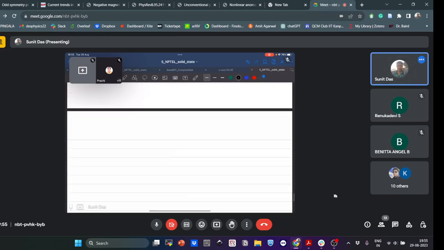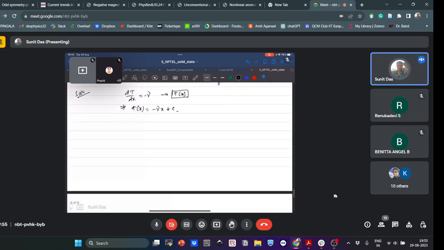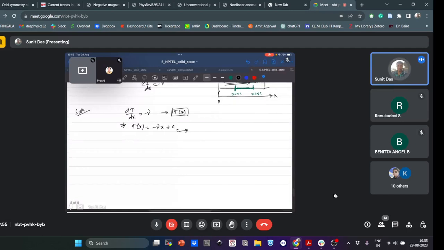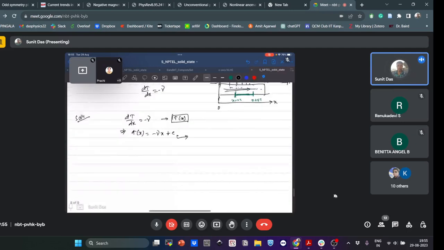Now we need to find that integration constant, and for that we know one thing: at x equal to 0, the temperature is given as Th.